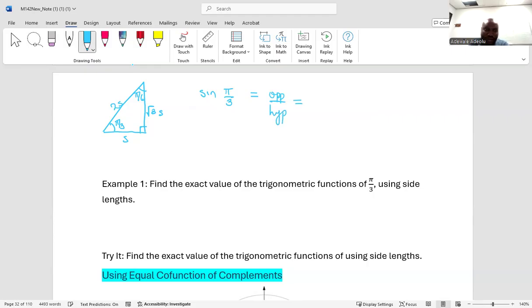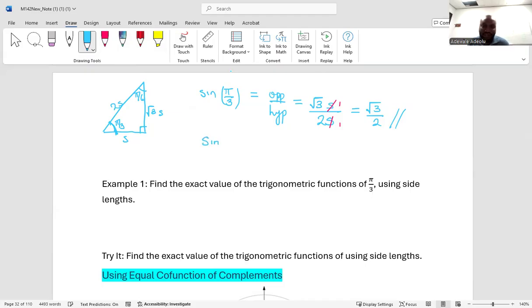The opposite to this angle of 60 degrees is root 3 s, divided by the hypotenuse, 2s. The s cancels, and my answer there is root 3 divided by 2, which is the same thing we had for the sine of pi over 3. So that is another way to see the derivation of the sine and cosine of our special angles.